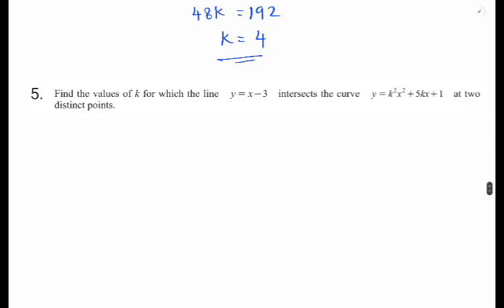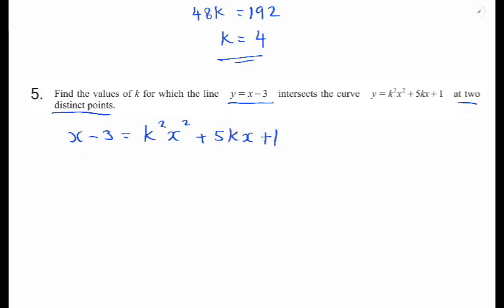Here, find the values of k for which this line intersects the curve at two distinct points. So here again I substitute y equal to x minus 3. So x minus 3 equals k squared x squared plus 5kx plus 1.